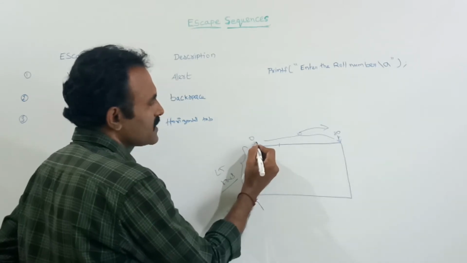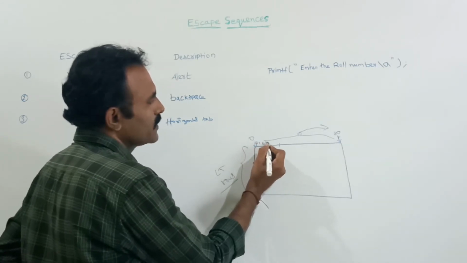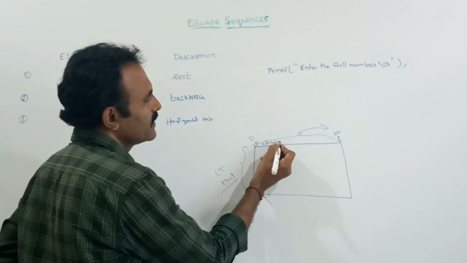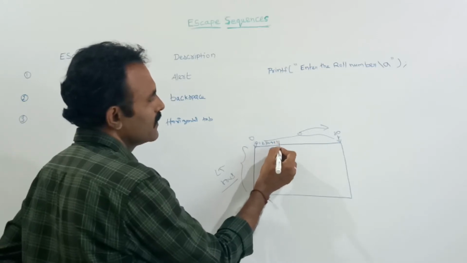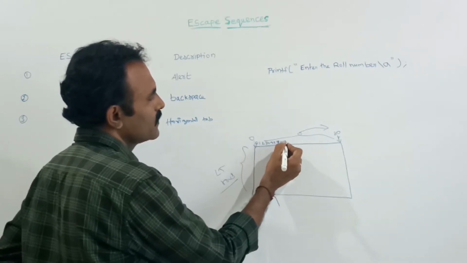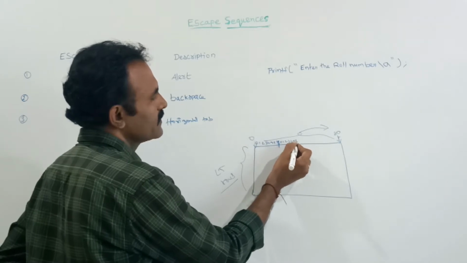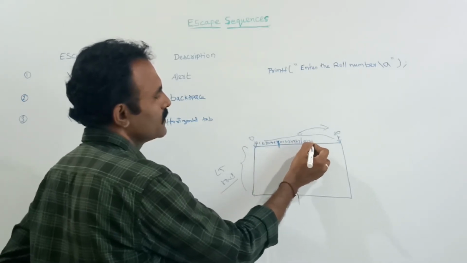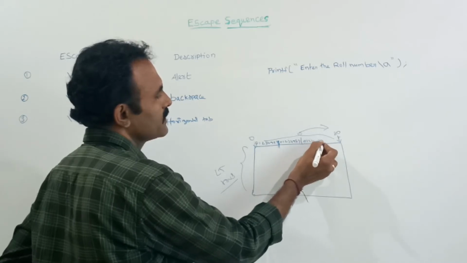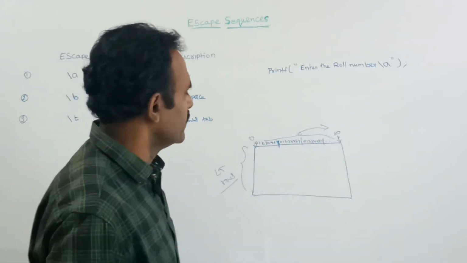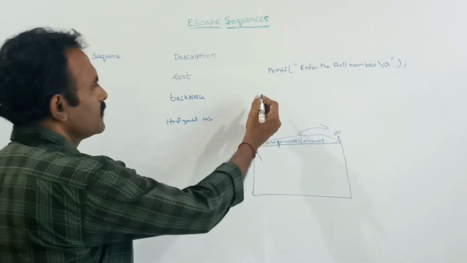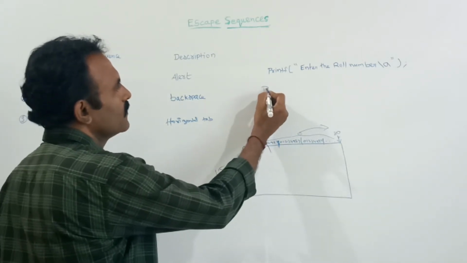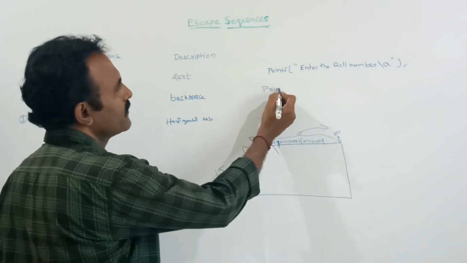The column positions start from 0, 1, 2, 3, 4, 5, 6, 7, then 0, 1, 2, 3, 4, 5, 6, 7, and so on up to 80.